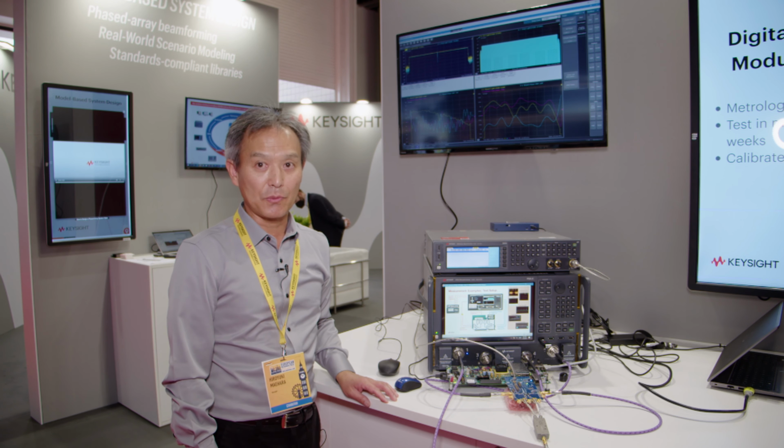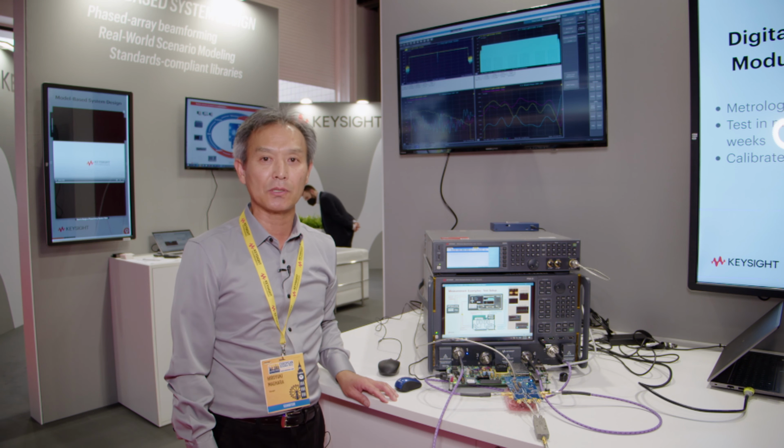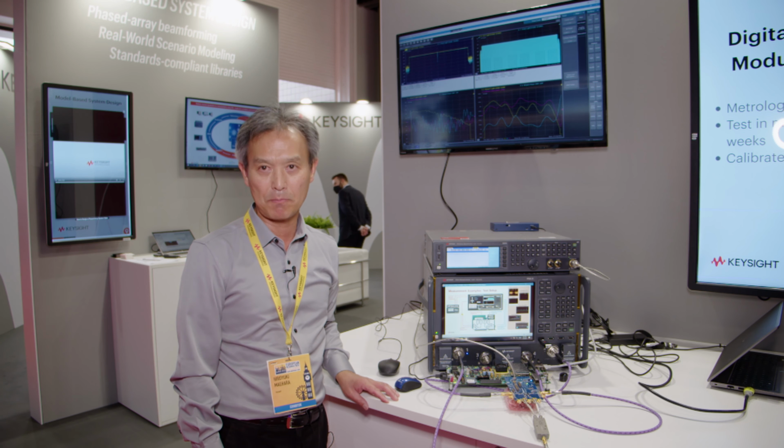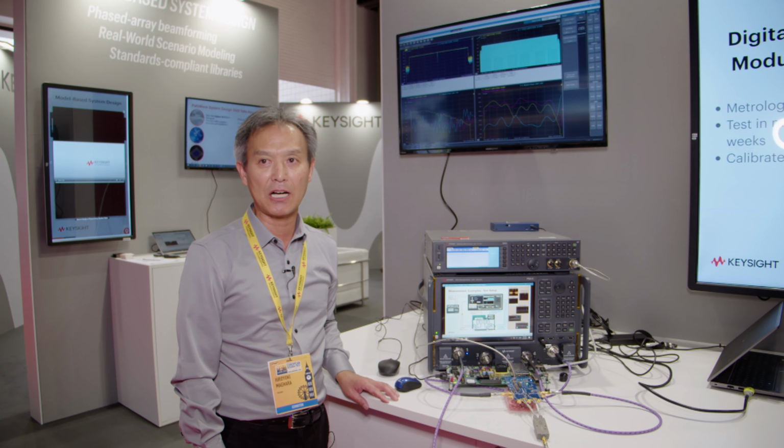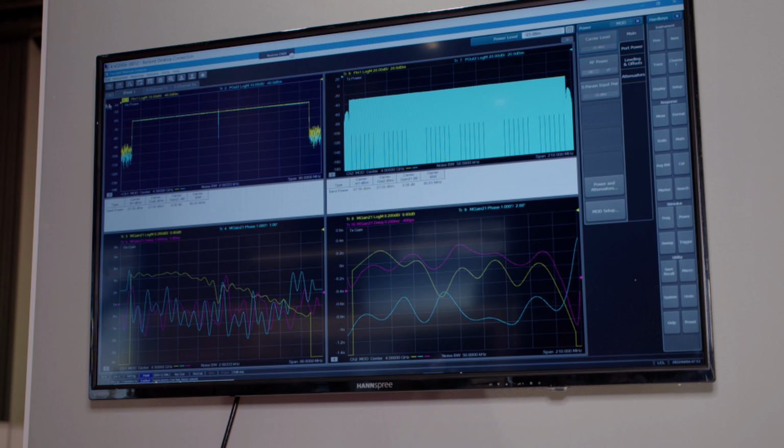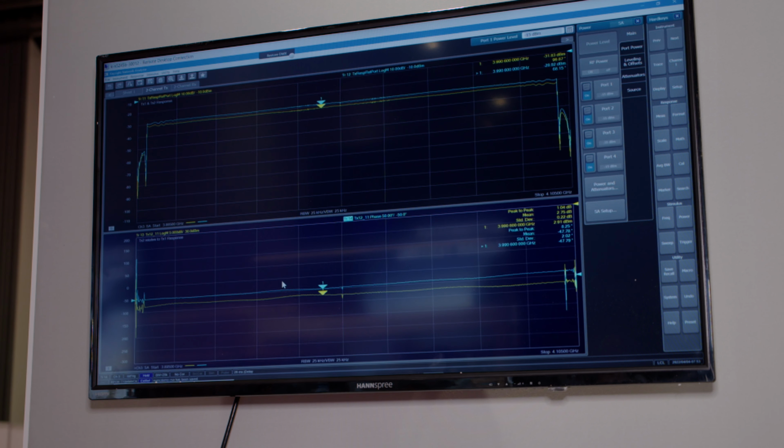The other measurement that we can make is the relative response between two transmitter outputs. With the same setup, we can easily compare the two signal outputs from the transmitters.